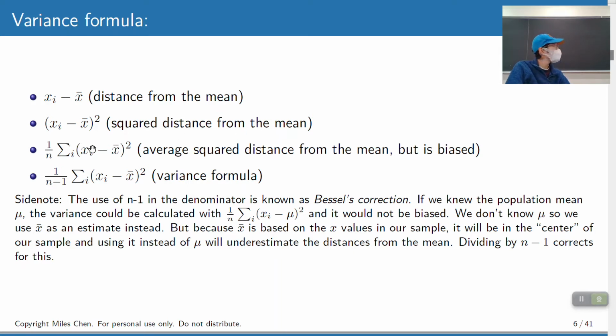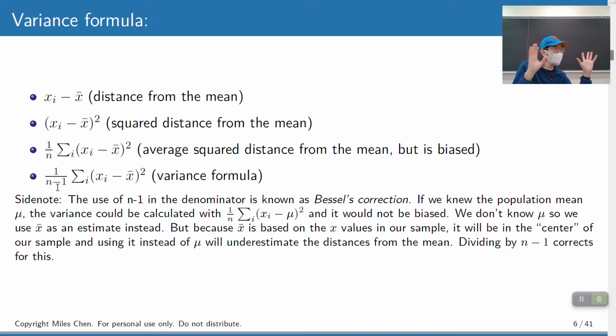And then if we were to add them up and divide by n, that would be the average squared distance from the mean. Okay? But if you do this, your value is going to be biased. This is going to underestimate the average squared distance from the mean. And so we divide by n minus 1. And I think you guys covered why you divide by n minus 1 in your 100B class or something.